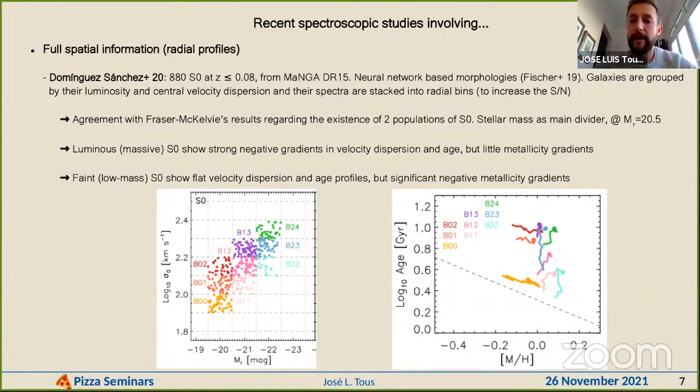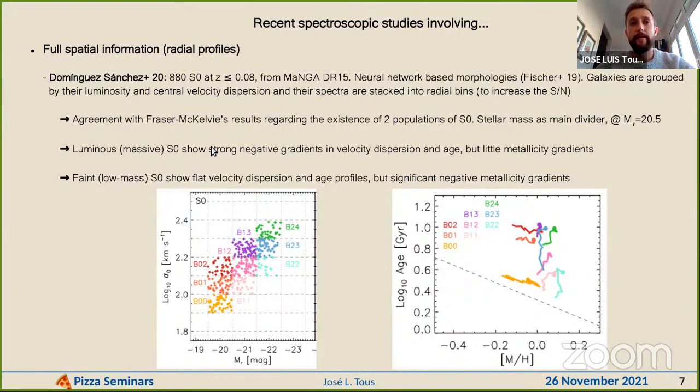And this is because they measure Lick indexes to compare them with synthesis of stellar population models and derive ages, metallicities, alpha enhancements, and other properties.